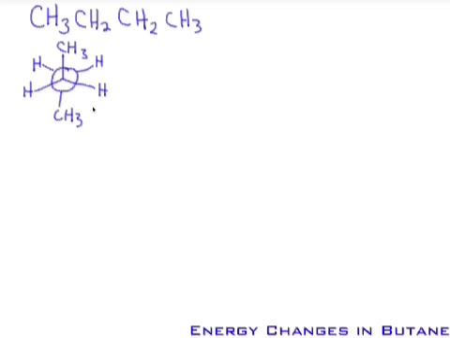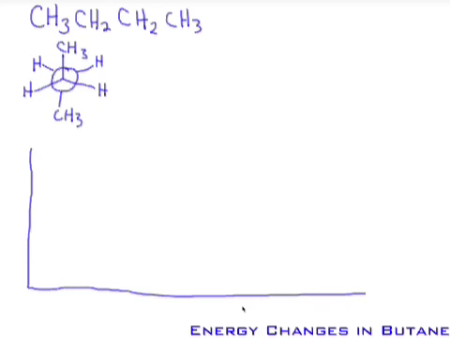All right. Now what I'm going to do is a conformational analysis on this. I'm going to draw a graph where I'm going to rotate the front methyl through 360 degrees. I'm going to start at 0 degrees with the staggered.